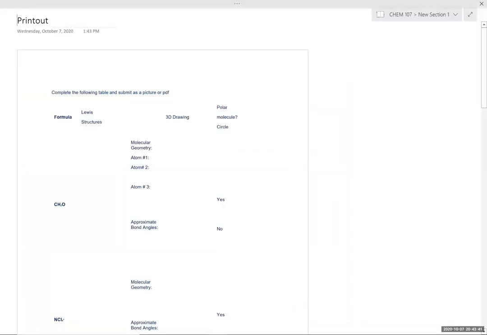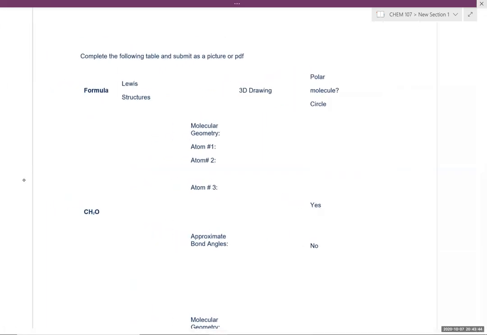Okay, can everyone see my screen in OneNote? Yeah. Okay, perfect.